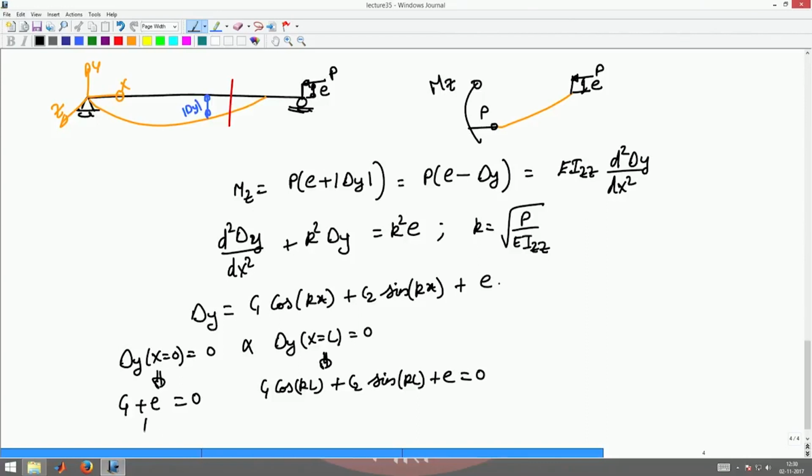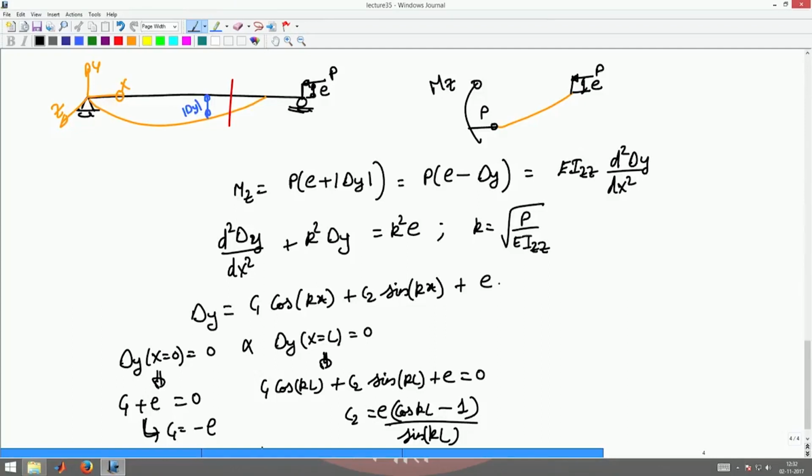Okay. From here I get C1 to be minus e, okay. Then I get C2 to be (cos kL minus 1) into e divided by sin kL. Okay.